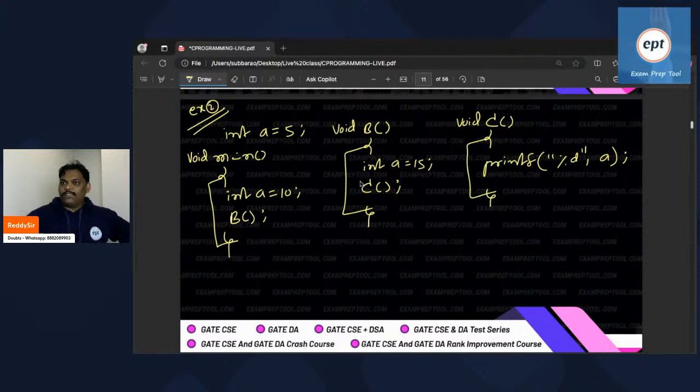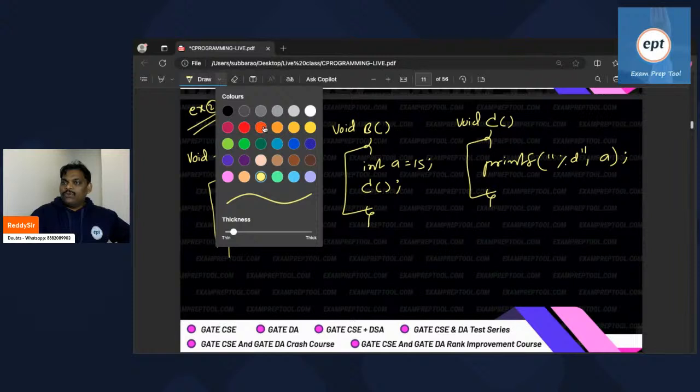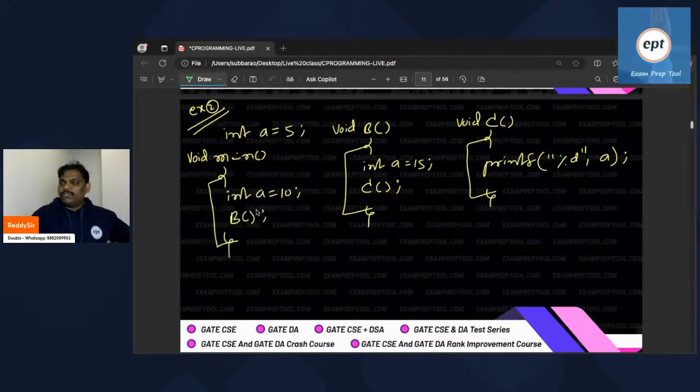Yeah, let me give the answer. As I mentioned to you, everyone observe, global variable. Before running the program, first you have to compile. So remember, global variable memory will be allocated at compile time itself.